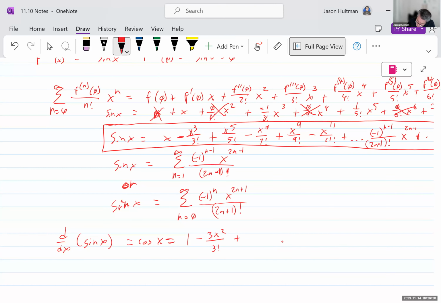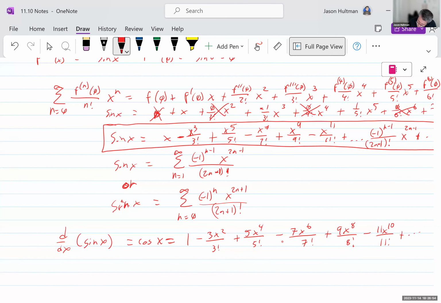And then plus x to the 5th, which is 5x to the 4th over 5 factorial, minus x to the 7th, that's going to be 7x to the 6th over 7 factorial, plus x to the 9th, this is 9x to the 8th over 9 factorial, minus 11x to the 10th over 11 factorial, plus dot, dot, dot.